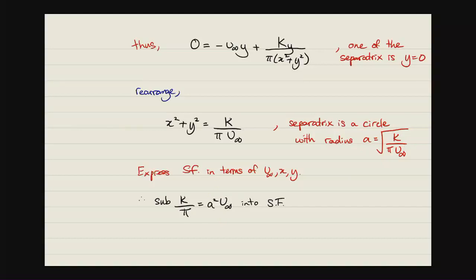So what I get now is my stream function, which looks like negative u infinity y plus a squared u infinity y divided by x squared plus y squared.